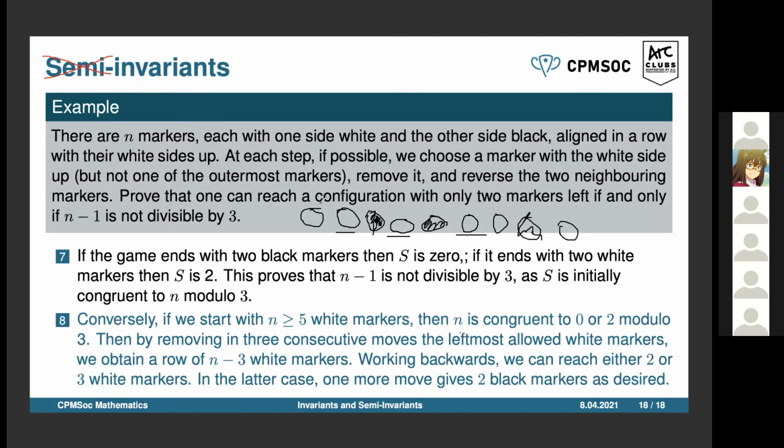But if we remove these 3, well, these will switch, but this one will get switched twice.